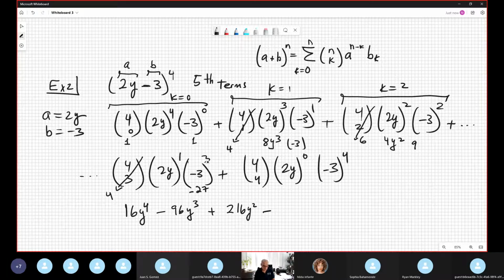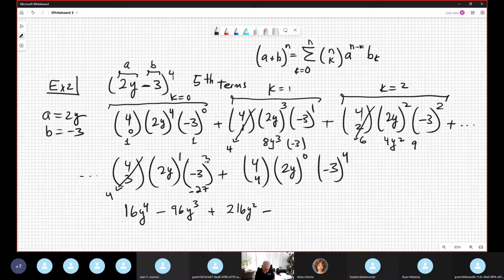The multiplication 4 times 2 is 8, times 27 is 216. Sorry, I made a mistake here.